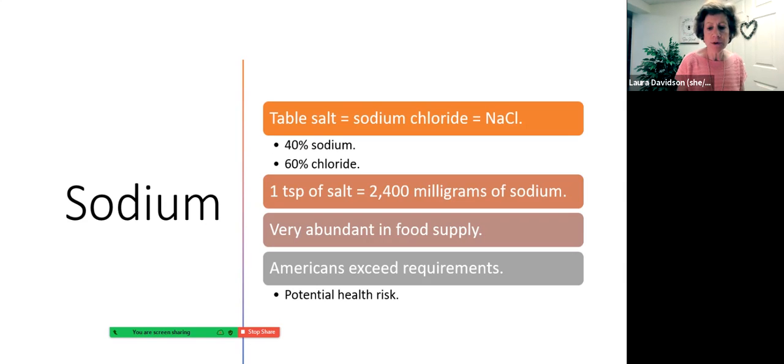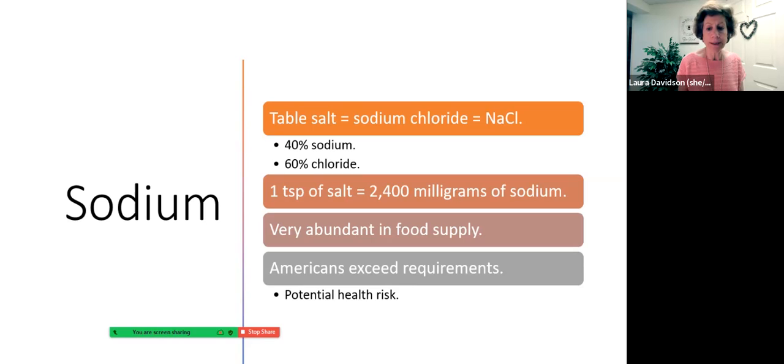It's important to understand, though, that most of the sodium that we consume is not added by us. So sometimes clients have the incorrect impression that they get to add a teaspoon of salt to their food a day and they'll stay under these limits, but that's not true. And we'll look at that shortly.